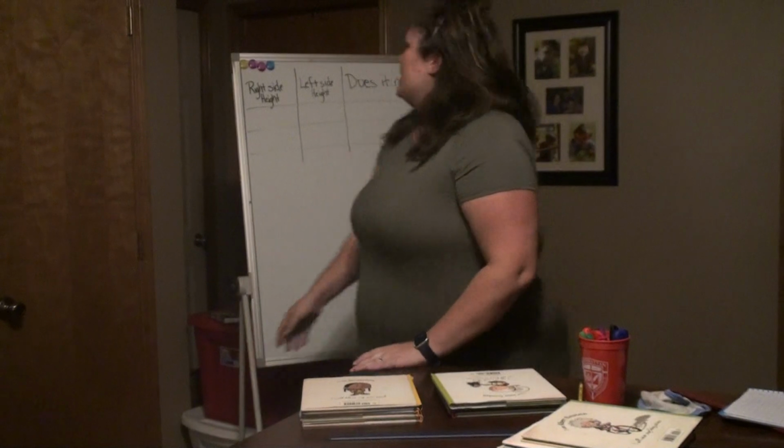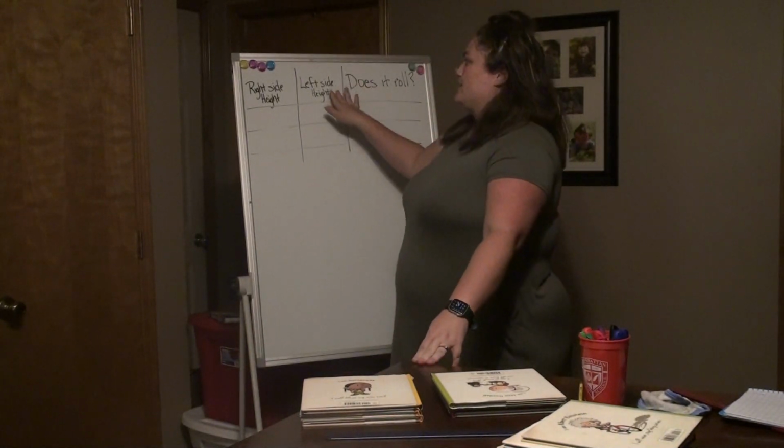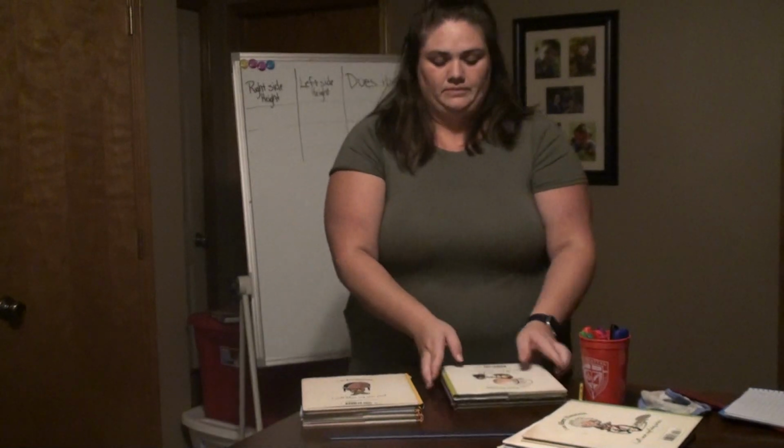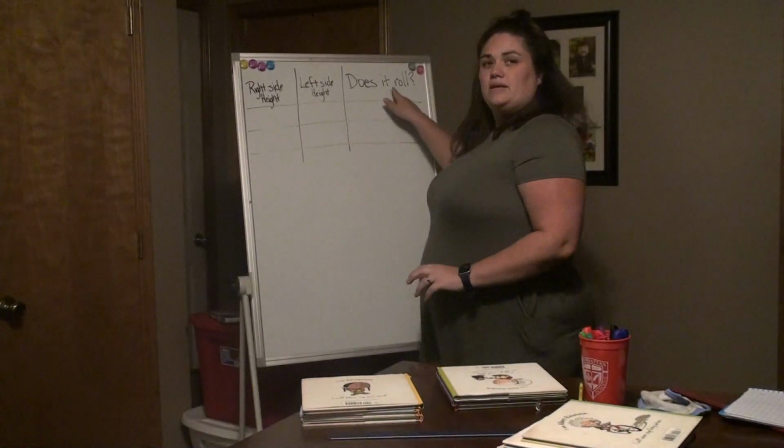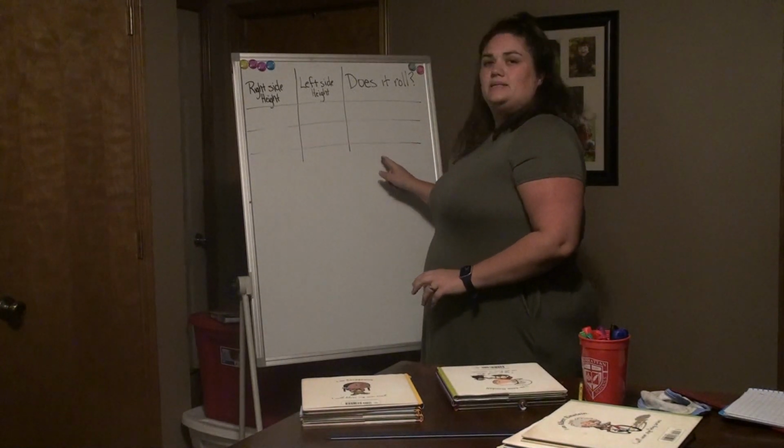The right side height of your paper or the right side height of the stack of books? Right, the stack of books. The middle column is going to be the left side height. That's going to be this side. Then over here, you're going to write, does it roll?